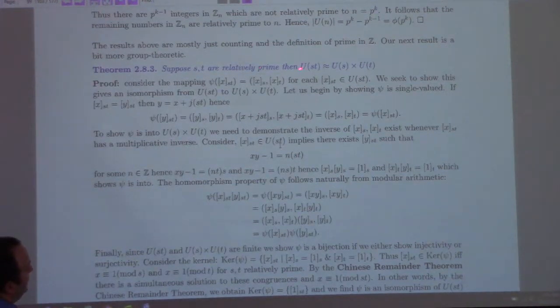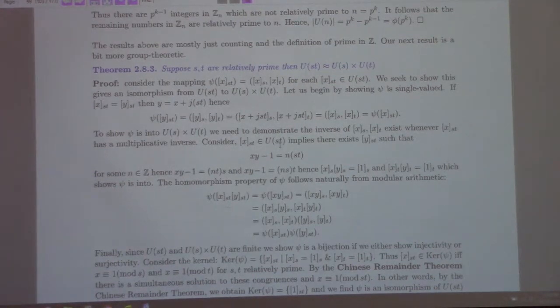So here's the proof that this is the direct product. Now you should replace that with equals. Sorry about that. So basically the isomorphism is that you go from the ST congruence class to the S comma T congruence class. This is the isomorphism between this and that.